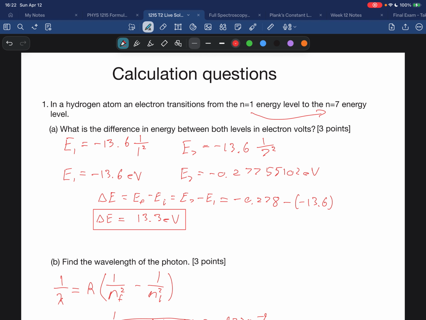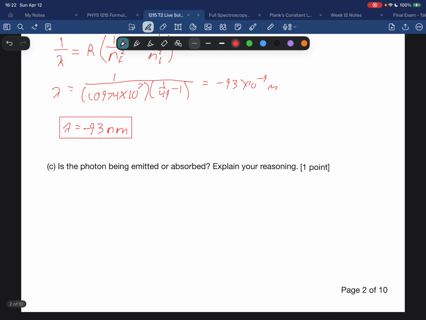And the third, well, I guess the first point you should have caught is that we are going from the first energy level to the seventh. So we are going up energy levels, which means the electron has absorbed energy, which means a photon has been absorbed.